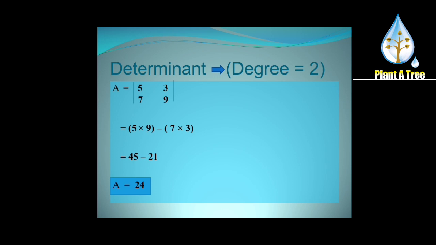Now we cross multiply these numbers: 5 into 9 minus 7 into 3. The product of 5 into 9 is 45 and that of 7 into 3 is 21. Therefore the value is 45 minus 21, and this gives the value of the determinant as 24.